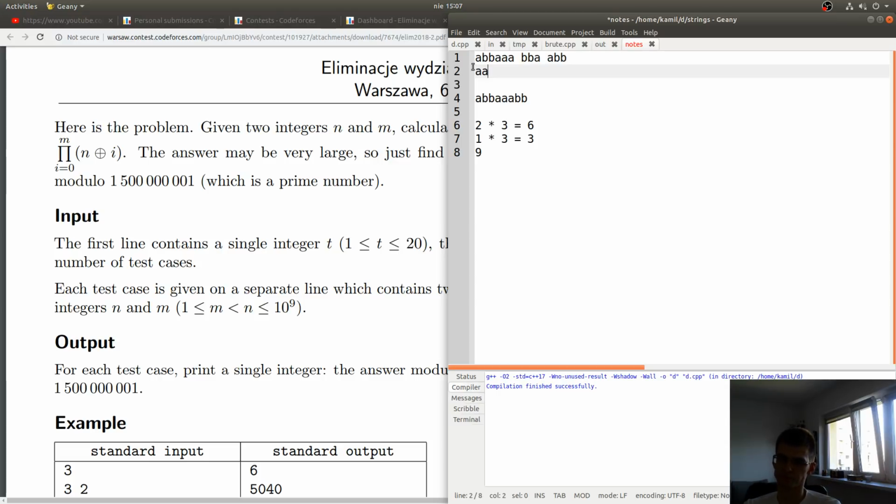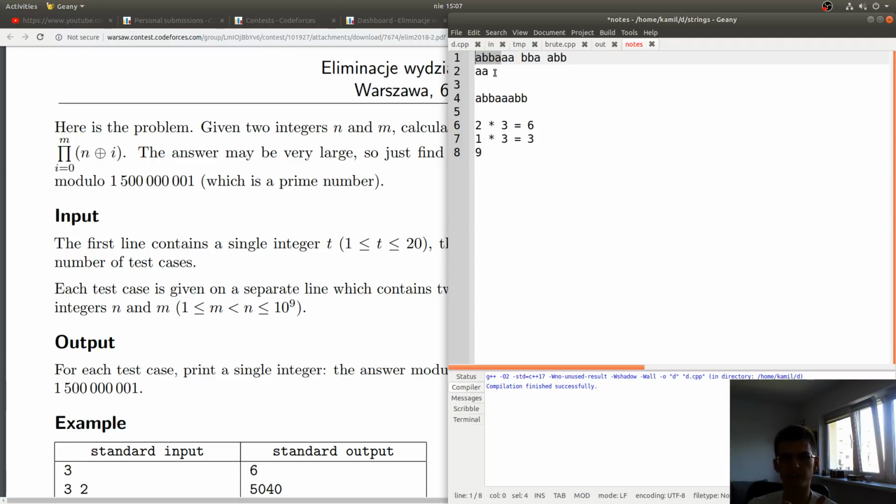So maybe this string, well, let's start with this thing. Maybe we'll choose some prefix and some part of the small string will occur at the end of this prefix, because, for example, here we would have ABBA.